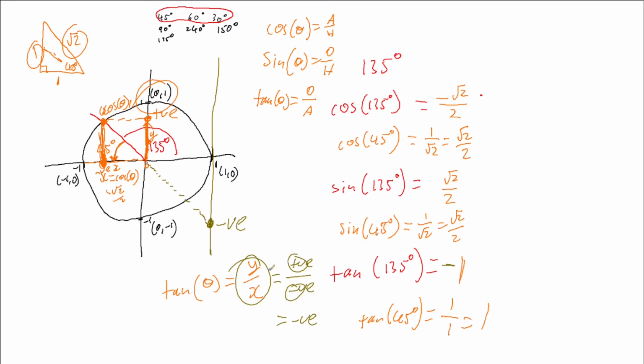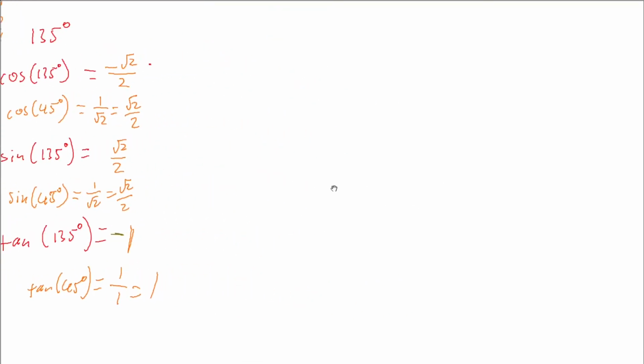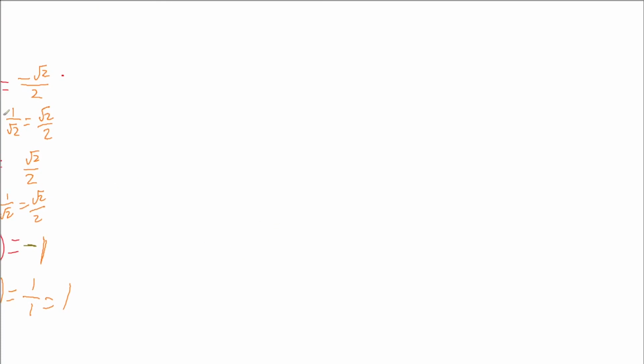So let's have a look at another example. Let's move over to the side here and have a look at, say, 210 degrees. If I draw a quick picture of where 210 degrees is going to be, it's more than 180, so it's going to be down here somewhere.